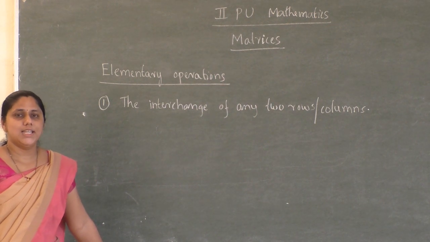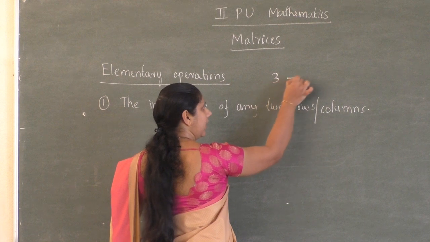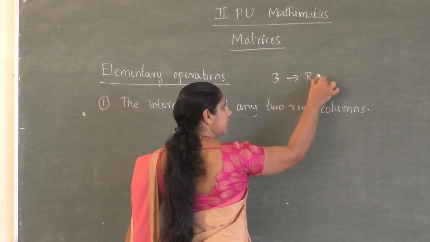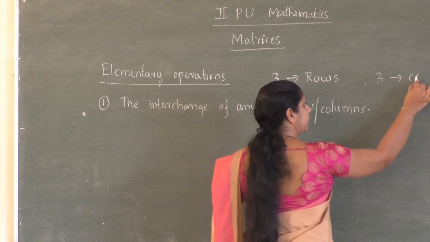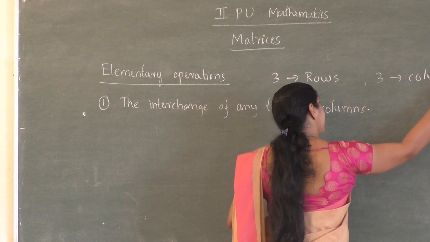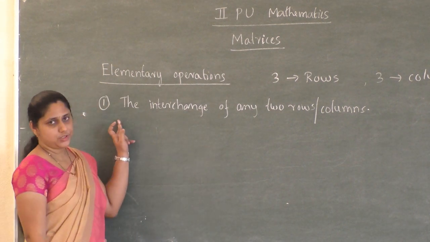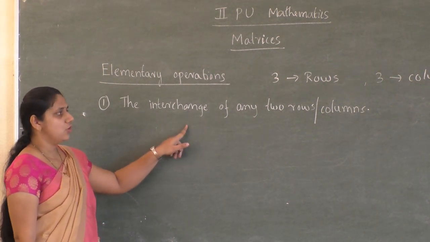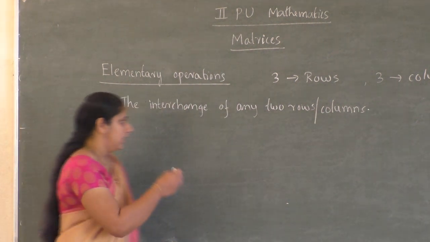There are totally 6 elementary operations, out of which 3 are due to rows and the other 3 due to columns. So the first elementary operation is the interchange of any 2 rows or columns.